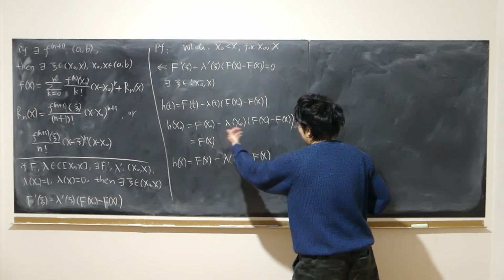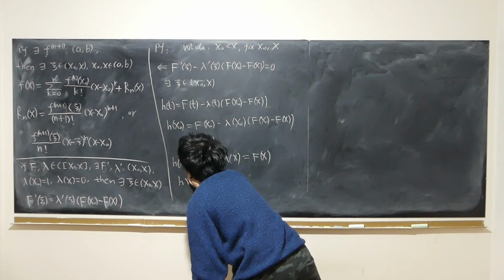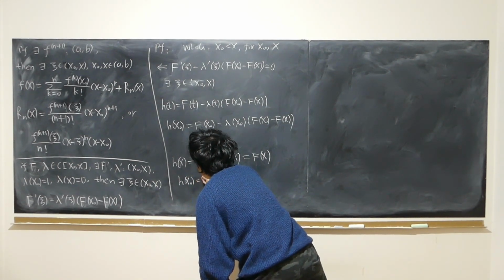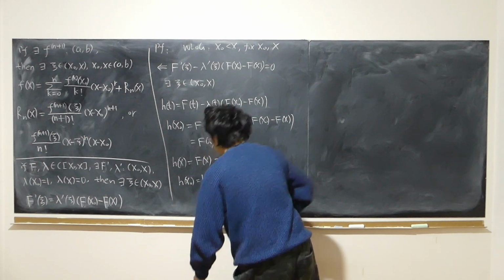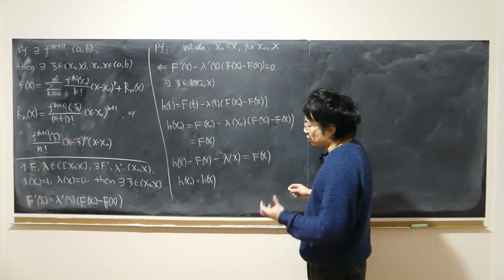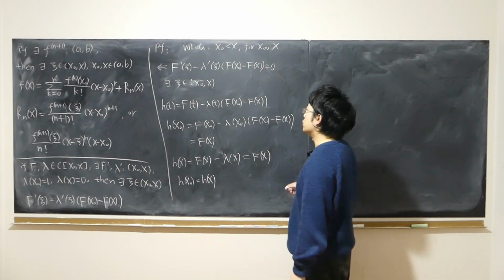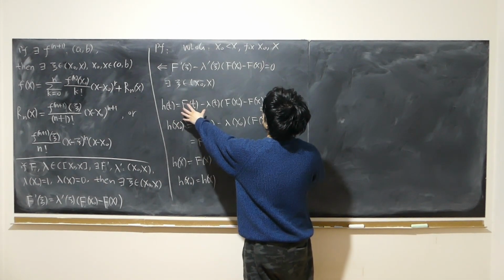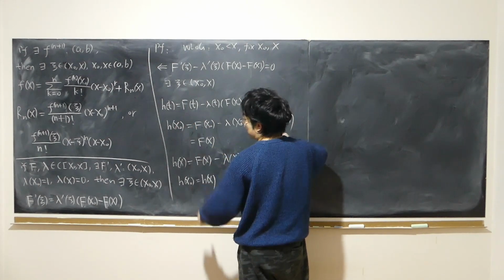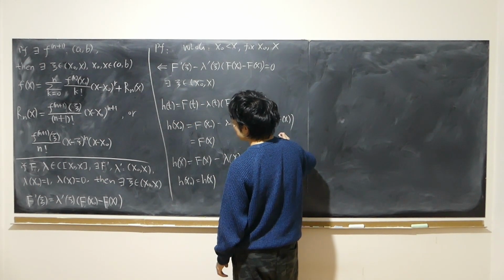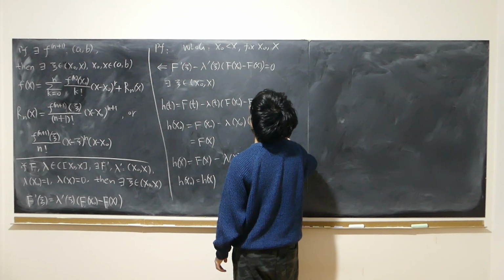So in other words, h of x naught is equal to h of x, and also, is h of t continuous over the interval?